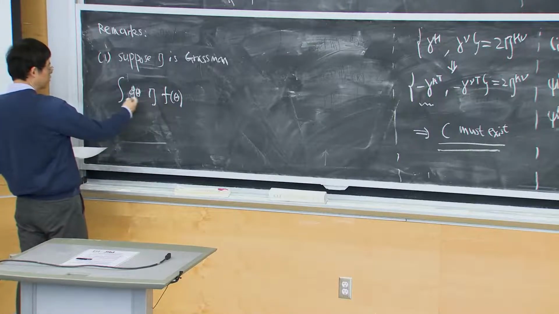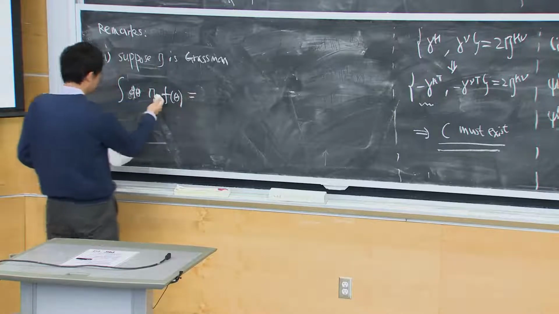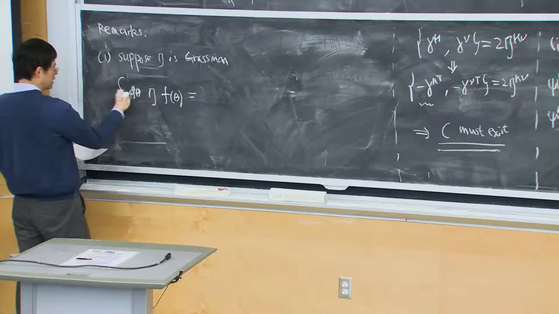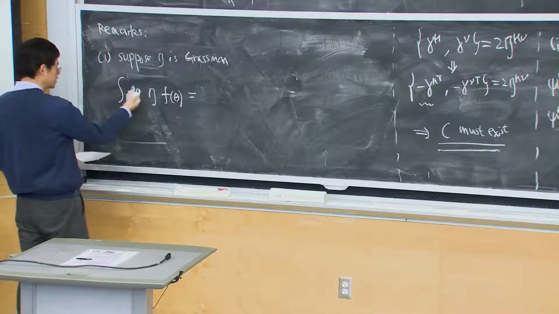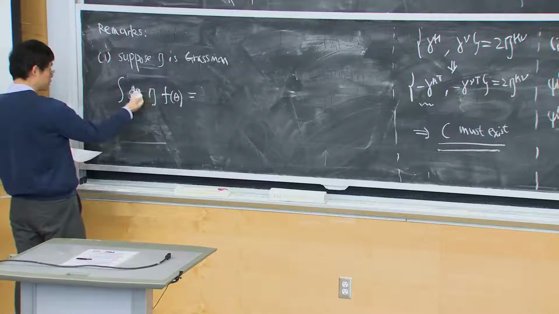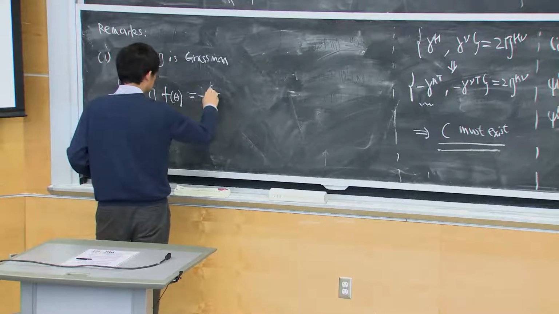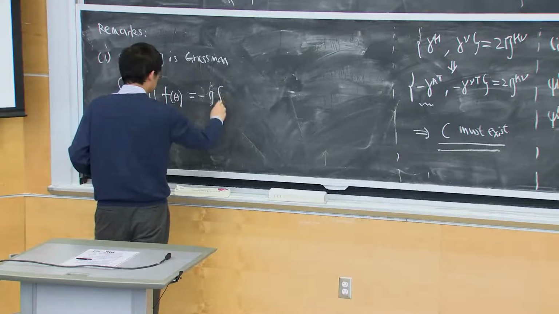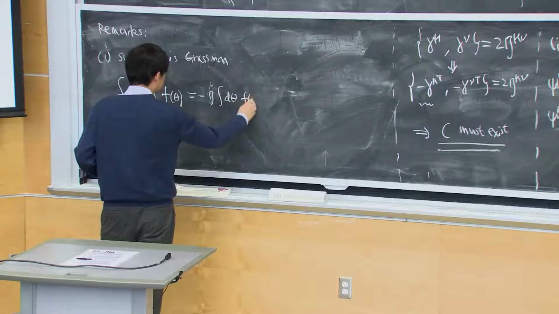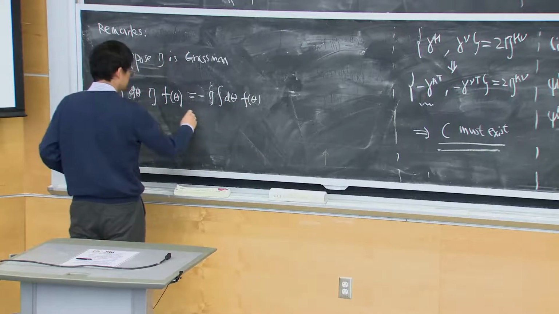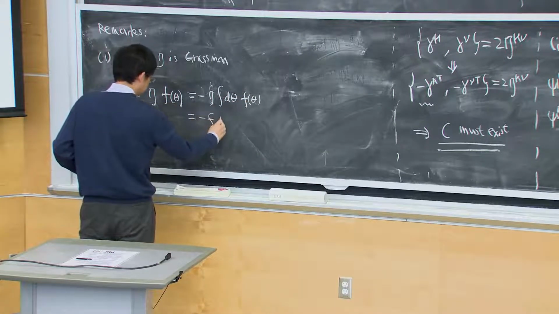But different variables anti-commute. So when you take eta outside, you commute it through d theta and you get a minus sign. So you just get eta times the integral d theta f theta, which becomes f1 eta.